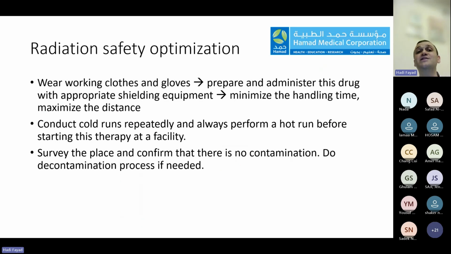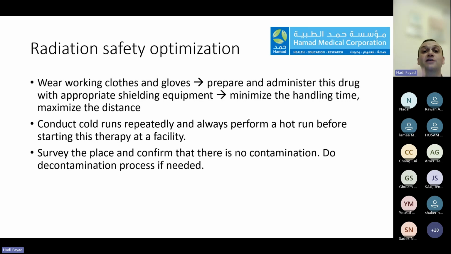So we need to optimize radiation safety in theranostics to the maximum: wear work clothes and gloves, prepare and administer the drug with appropriate shielding equipment, minimize the handling time, and maximize the distance. A very important aspect is to conduct cold runs repeatedly and always perform a hot run before starting any therapy at the facility, because doing a cold run is not the same as doing a hot run.